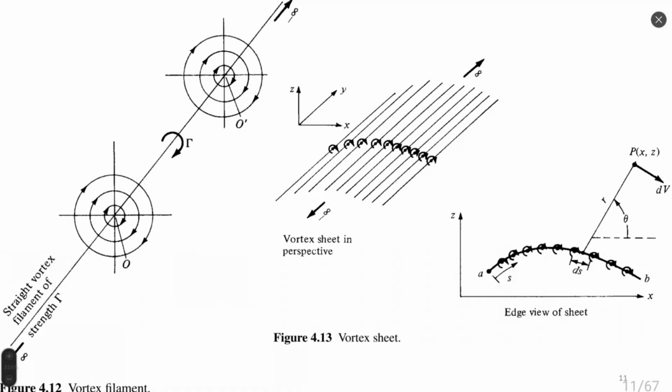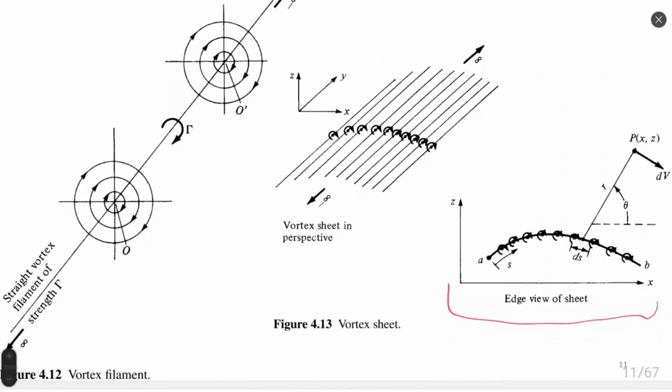You can see in figure 13, the right part of figure 13 is a line on which vortex is distributed. It's a continuous function which describes the vortex function over the line. This line from A to B probably goes according to the shape of the airfoil.